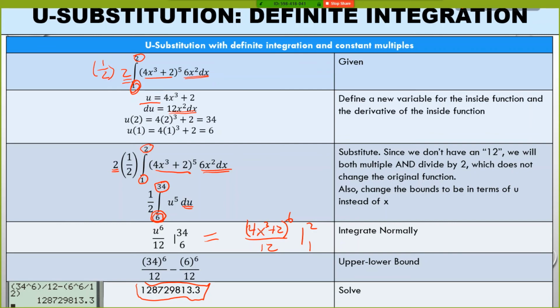That's 4 times 8 plus 2, or 34, to the 6th power over 12. Minus, when I plug in 1, that's 4 times 1 plus 2 is 6 to the 6th power over 12. And you would get the exact same answer when you plug into your calculator: 128,729,813.3. Any questions on what we did?